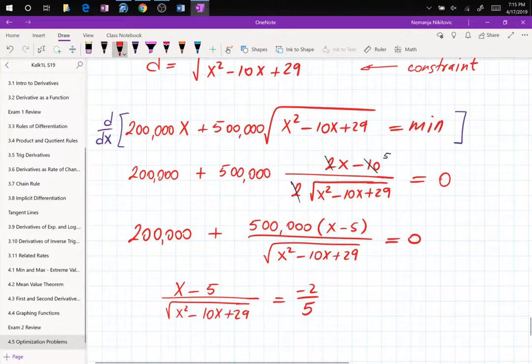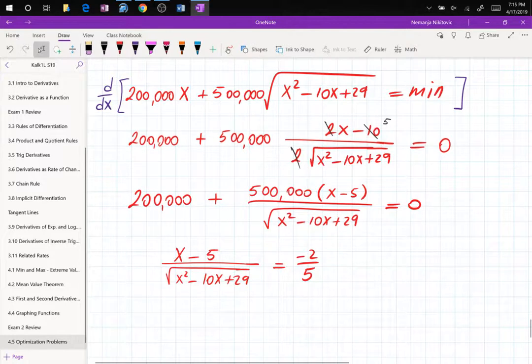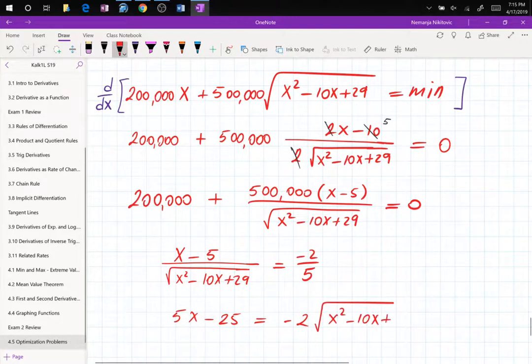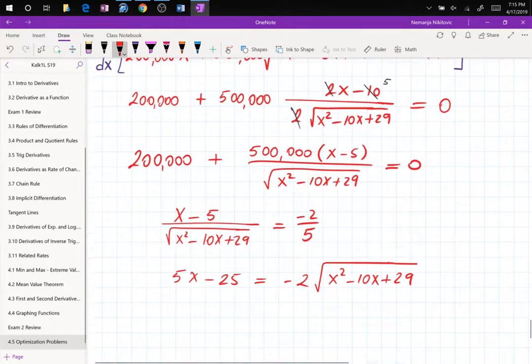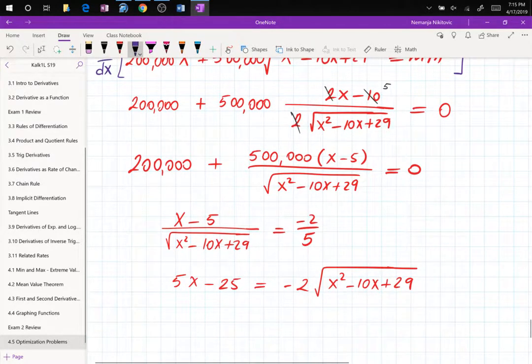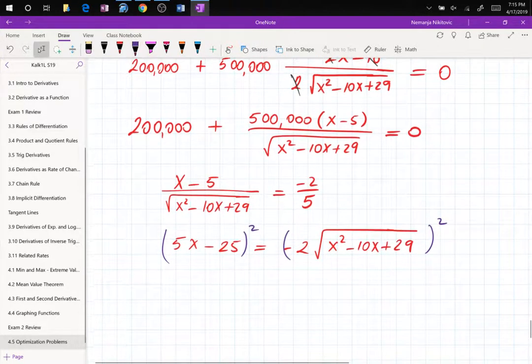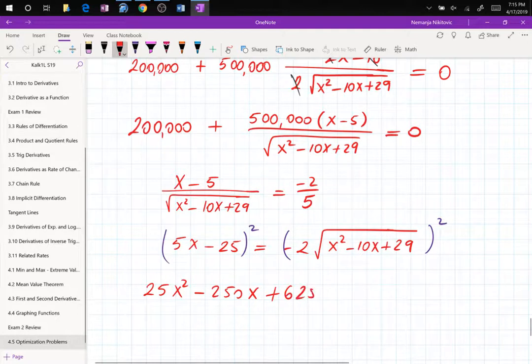So now we have an equation to solve. We cross multiply to get 5x minus 25 is equal to negative 2 times the square root of x squared minus 10x plus 29. And at this point in life, we square both sides to kill the root. Now that will also kill a negative, which is great. On the left hand side, I have 25x squared minus 250x plus 625.